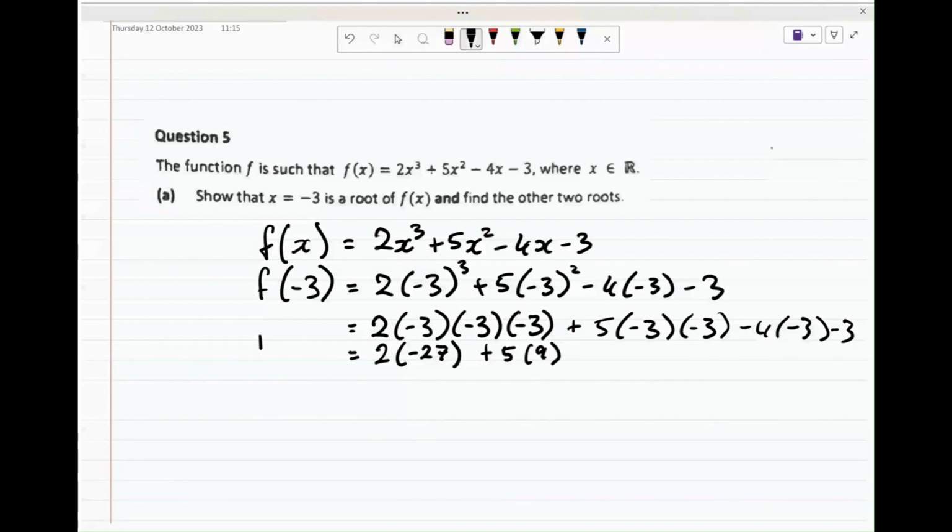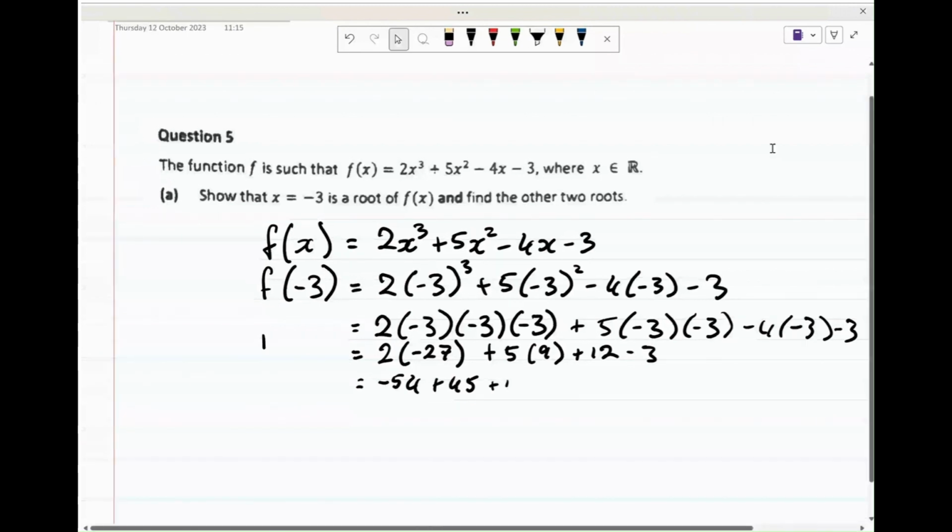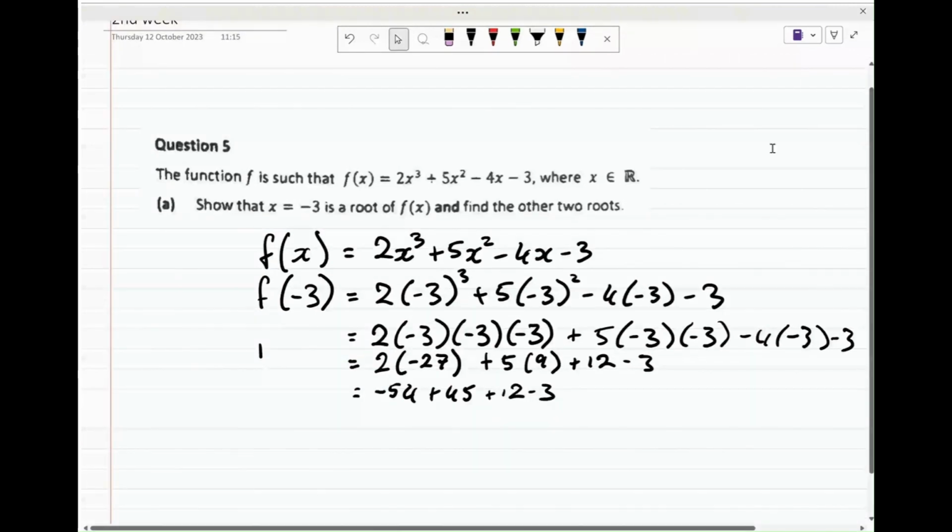Minus 4 times minus 3 is positive 12, and minus 3. So 2 times minus 27, that's minus 54. 5 times 9 is plus 45, and plus 12 minus 3. And that's equal to 0.